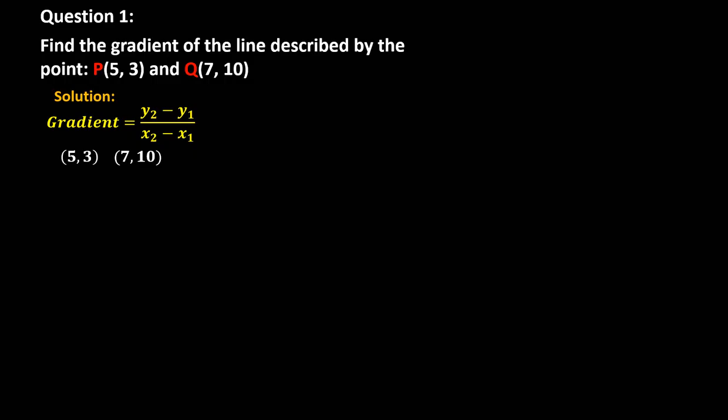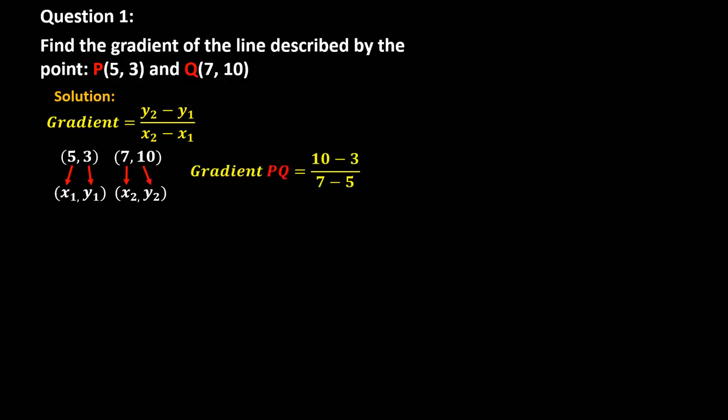You don't need to put P and Q, it's not necessary. Compare the points to x1, y1, x2, y2. So 5 is going to be x1, 3 is going to be y1, 7 is going to be x2, and 10 is going to be y2. So I can go ahead and find the gradient.